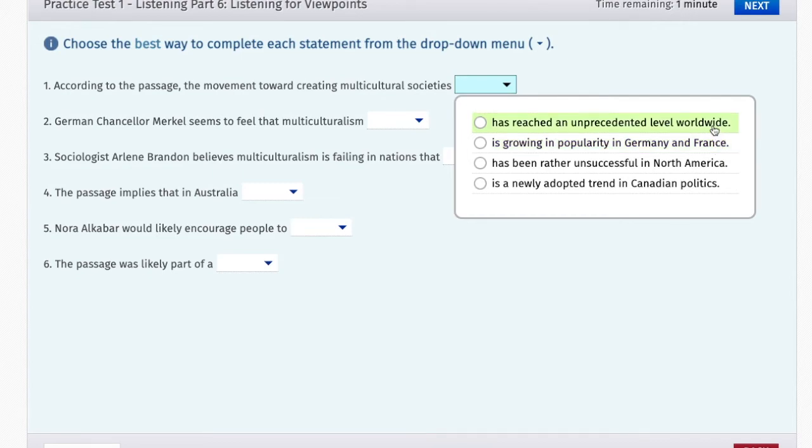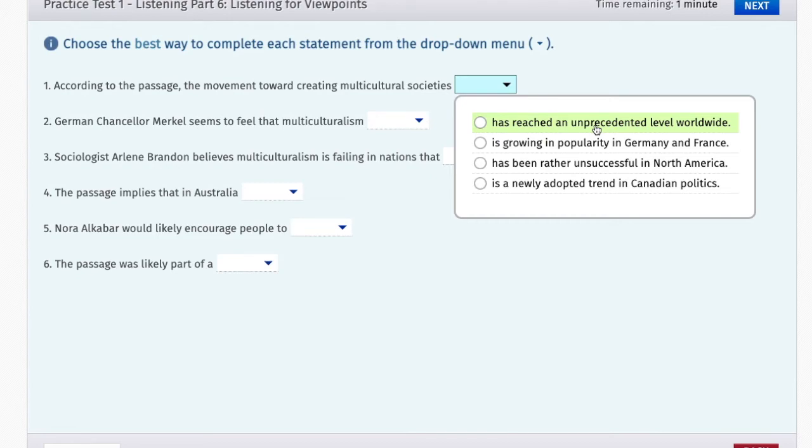And they might choose this answer because of worldwide. It was talking about around the world, so they might choose that answer. All these answers could be chosen by lower levels only because of the words we heard.